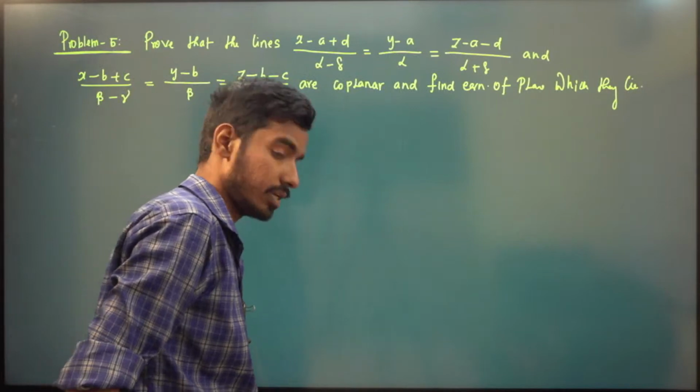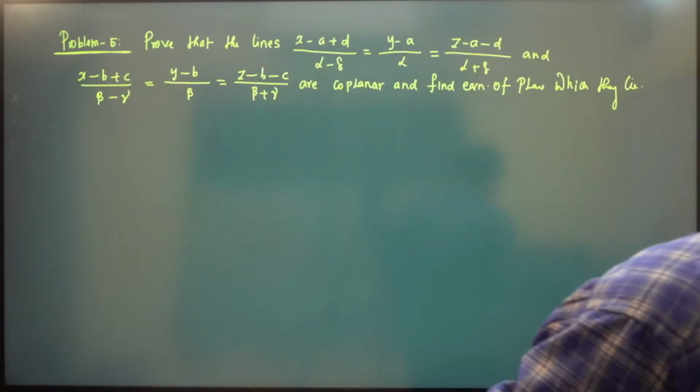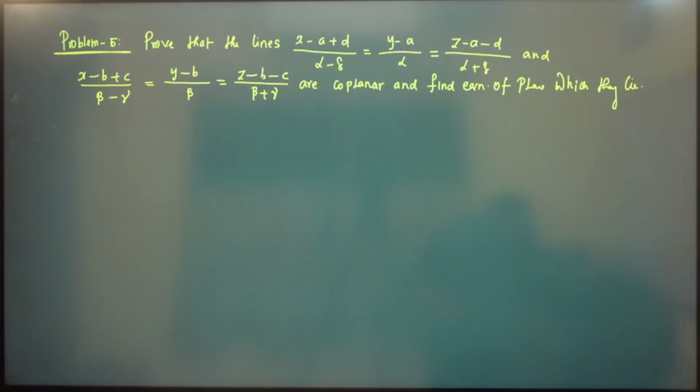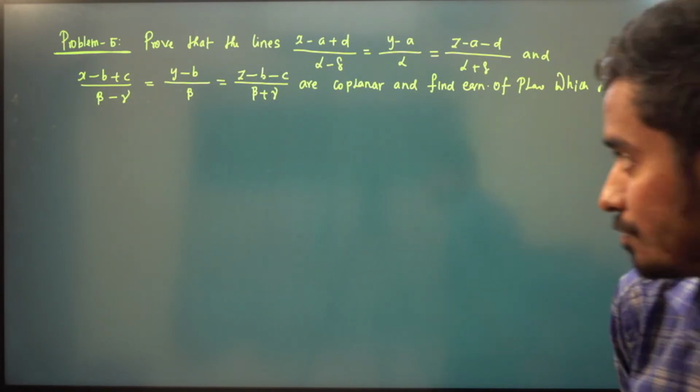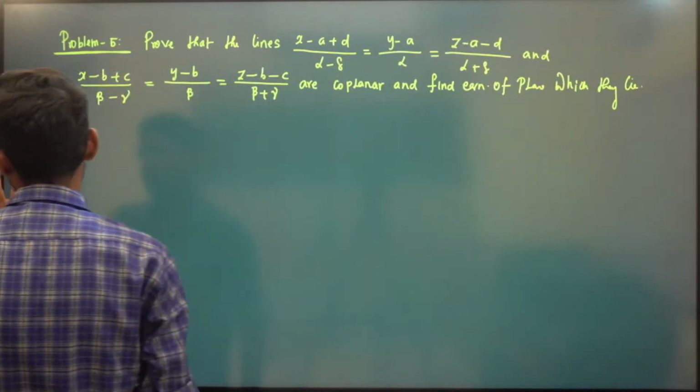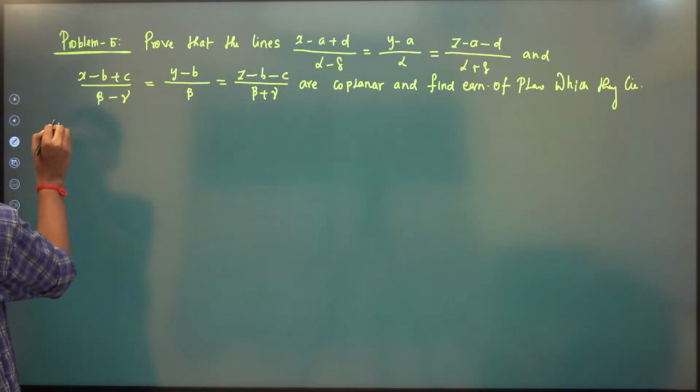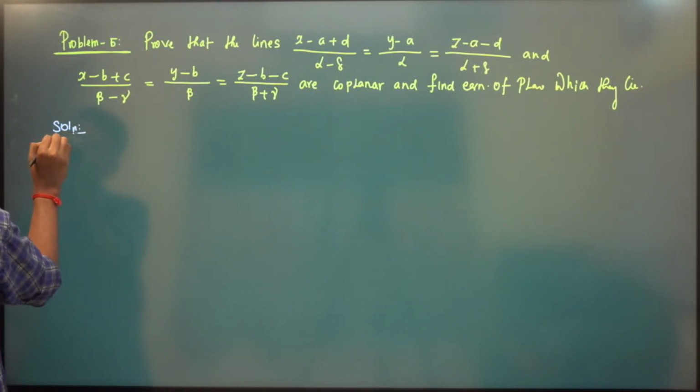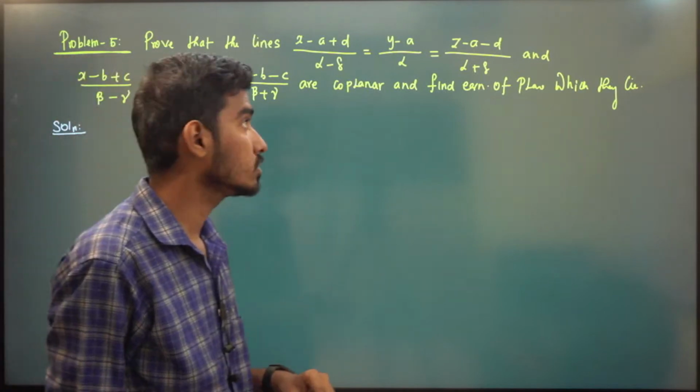So we'll start the second problem, number 5. Prove that the lines, they have given two lines, are coplanar and find the equation of the plane in which they lie. Both are in symmetrical form only, very easy.